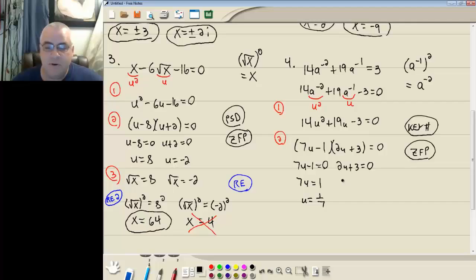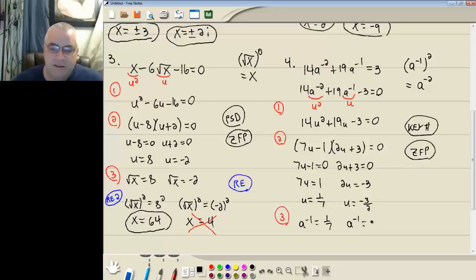Here I'll take 3 over, and you get 2u is equal to negative 3, or u is equal to negative 3/2. Step 3, we want to plug our middle part, which is a to the negative 1, in for the u. So I got a to the negative 1 is equal to 1/7, and a to the negative 1 is equal to negative 3/2.